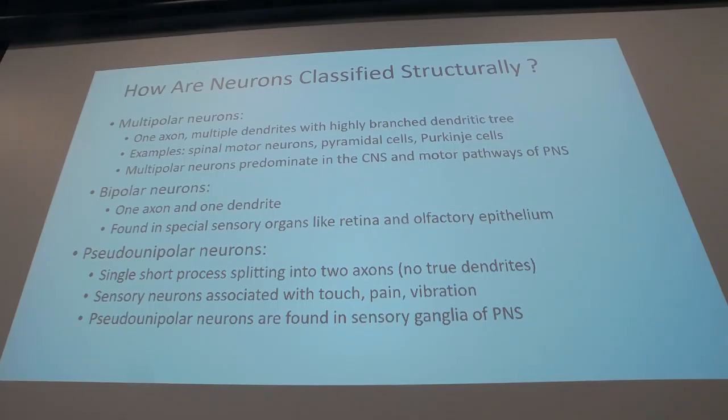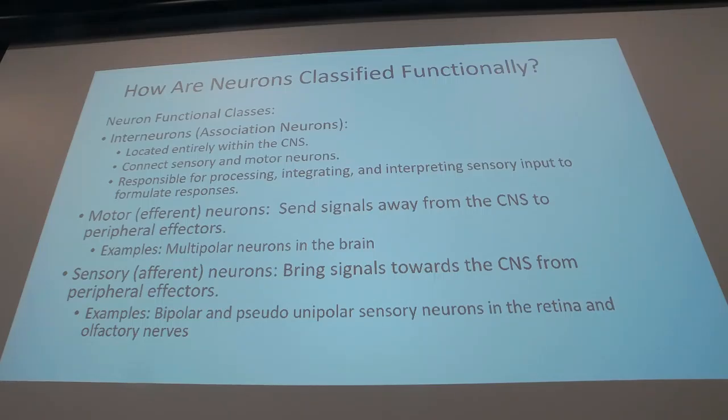We find these pseudo-unipolar neurons in the ganglia in the PNS. So that was the classification based on structure.